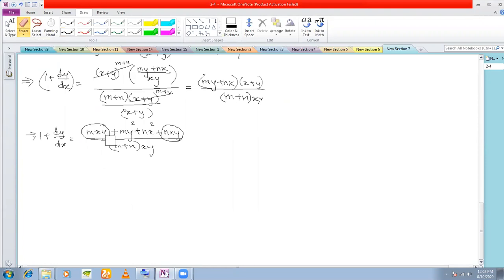Okay. So now from these two, no, don't take common right now. We got 1 plus dy/dx is equal to this. Therefore, dy/dx you get is equal to all this. You can multiply the denominator also to get mxy plus nxy.